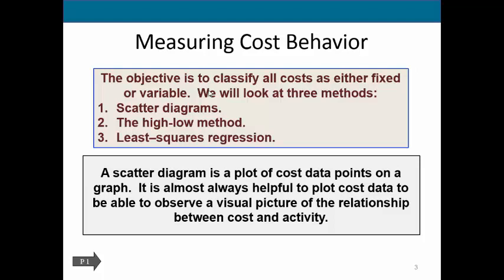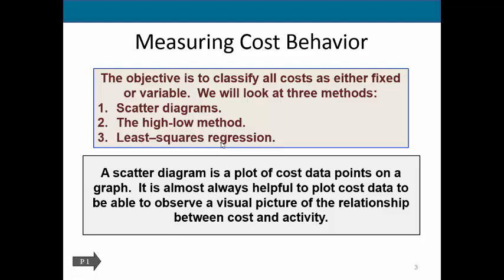So we've got three methods. What we're going to look at in detail in this class is the scatter diagram method, the high-low method, and the least squares regression. We're not going to spend a lot of time on least squares regression because this is a computerized type method.